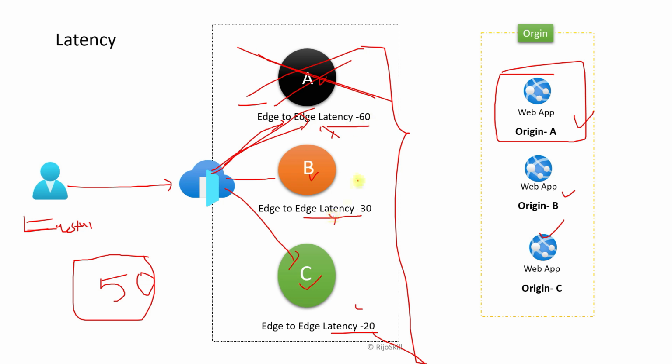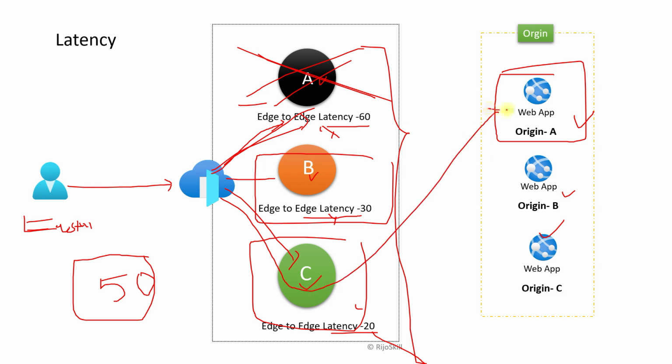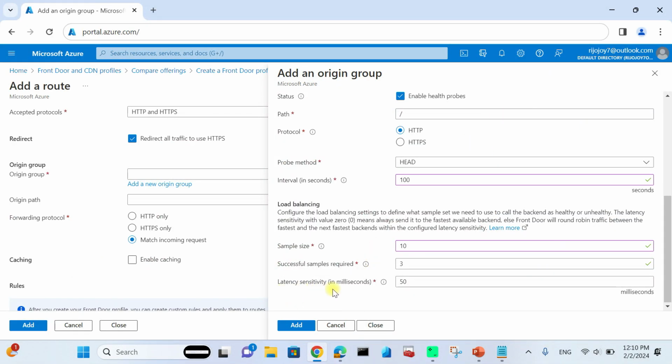They will select the lowest latency among the rest, and the traffic will be passed to it and reach the origin. So we put latency sensitivity equal to 50 milliseconds. If the latency is above 50, like 60, they will remove it and only accept below 50. Then just click add.